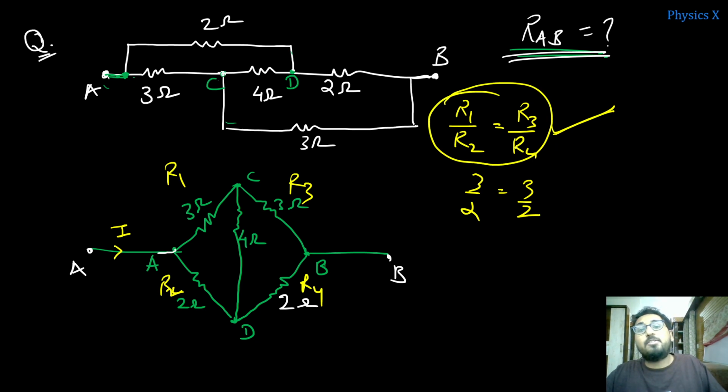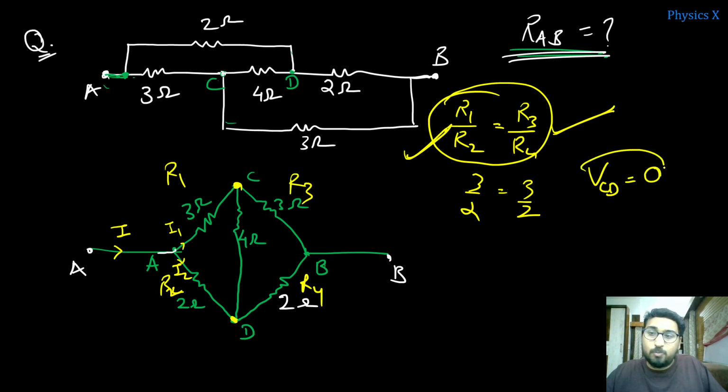Since this condition is satisfied, you can see that when traveling, two currents will be flowing, let us say I1 and I2. And what will happen when this criterion is maintained is that the potential difference between the C and D points, that is VCD, is going to be zero.